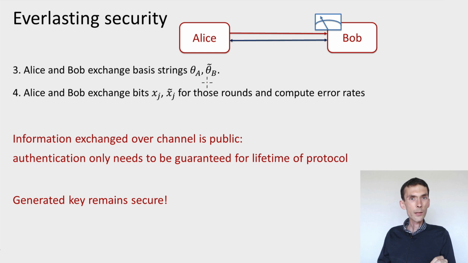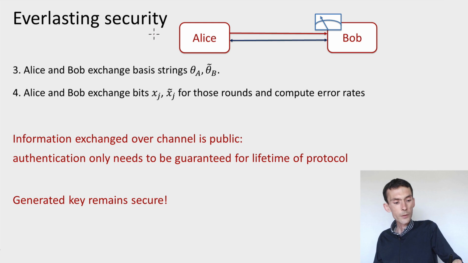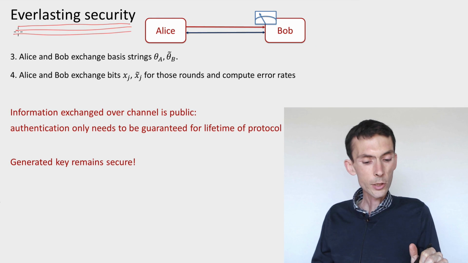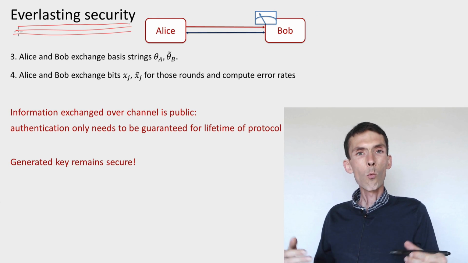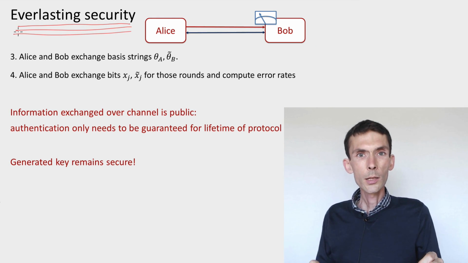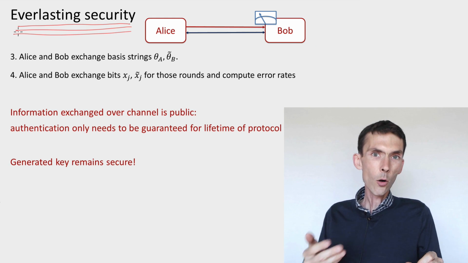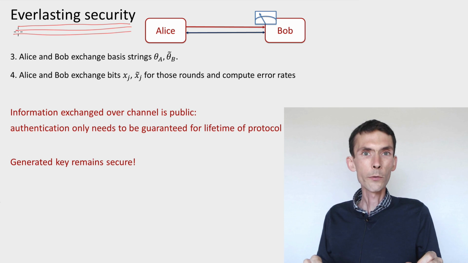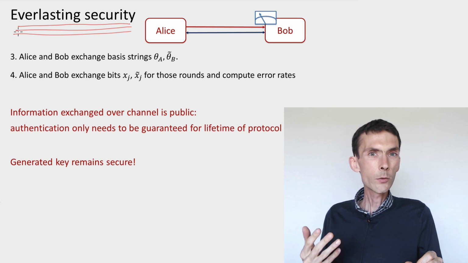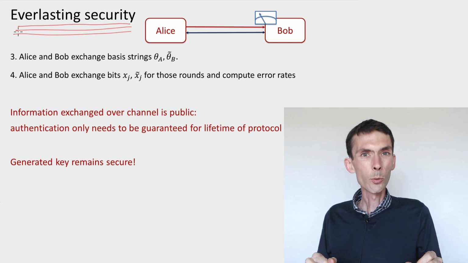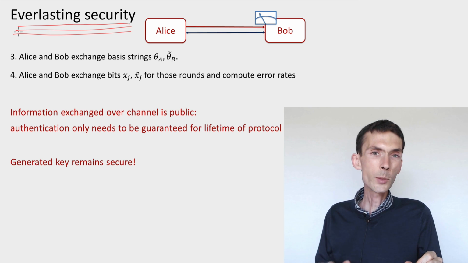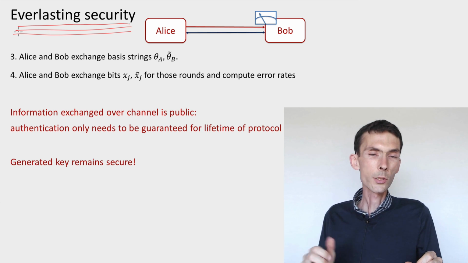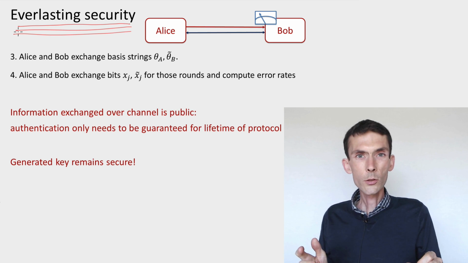The argument is that the bits of key that are produced in the BB84 protocol have this property called everlasting security. And what everlasting security means is that once the key has been produced, even if the authenticated channel that was used in the process of coming up with these bits is broken, even if its security is later compromised, the bits of key that have been obtained at the end of the protocol are still secure. Why is this the case?